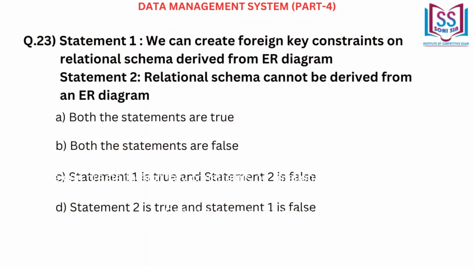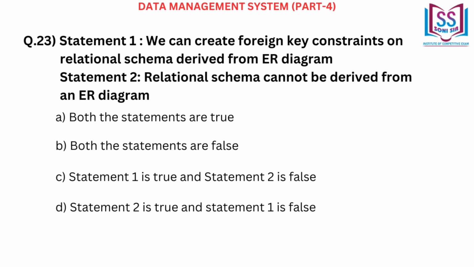Statement 1. We can create foreign key constraints on relational schema derived from ER diagram. Statement 2. Relational schema cannot be derived from an ER diagram. A. Both the statements are true. B. Both the statements are false. C. Statement 1 is true and statement 2 is false.